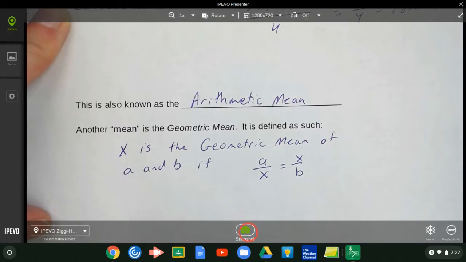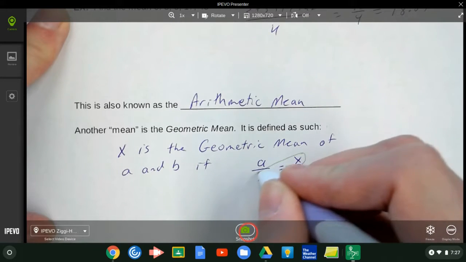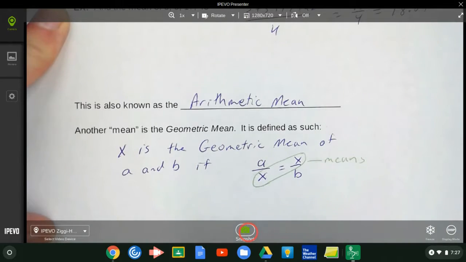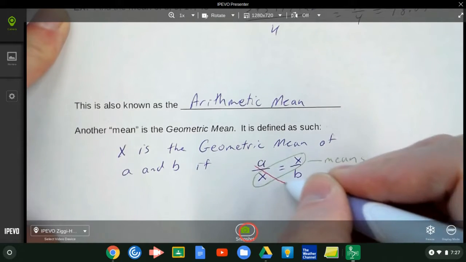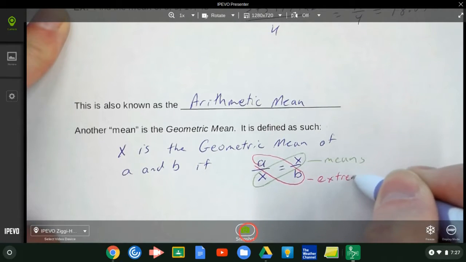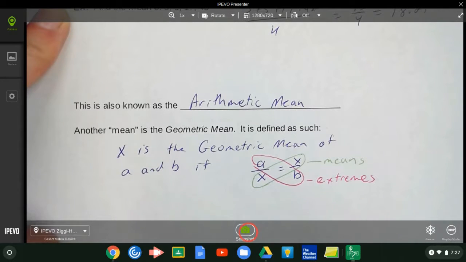Okay? And this is interesting because when we talk about proportions, this part of it are called the means, and the first and last part of it are called the extremes. So that's where this comes from, this idea of a geometric mean.